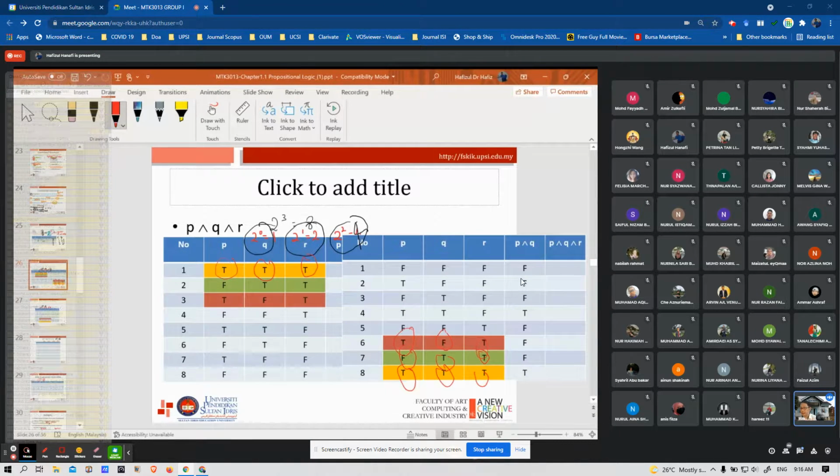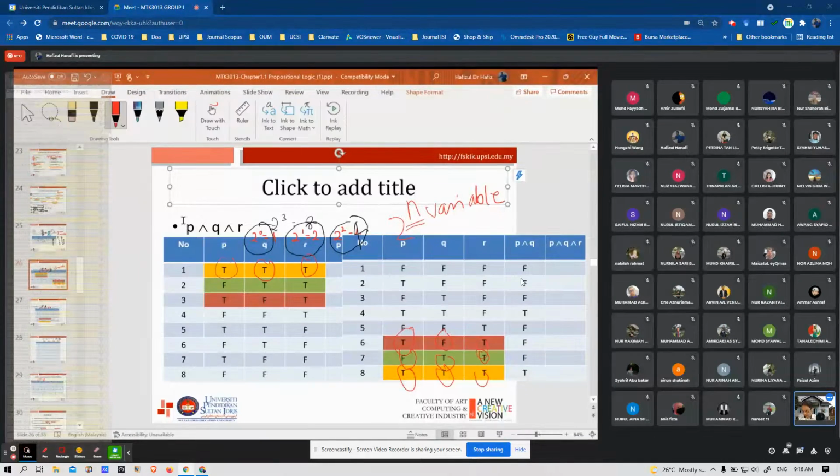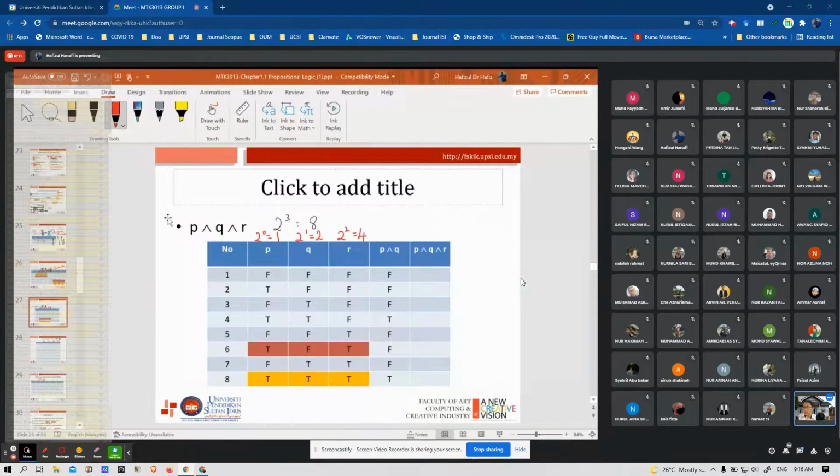Most importantly, you have 2 power of n. N is the variable. How many variables?